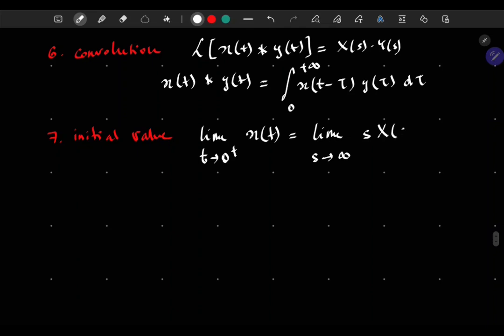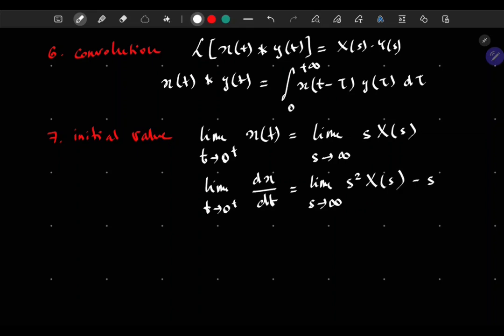And sometimes it's useful to combine this property with the property related to the derivation in time. So we also state that the limit for t that goes to 0 of the derivative of x is the limit for s that goes to infinity of s squared X(s) minus s times x evaluated in 0.